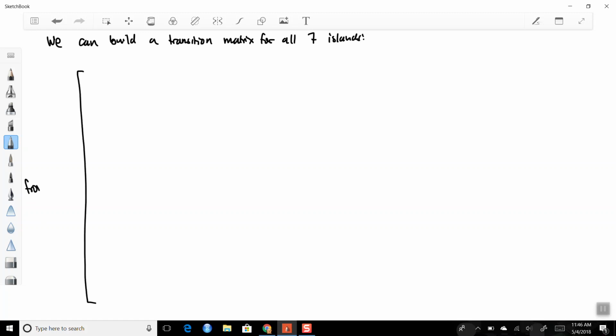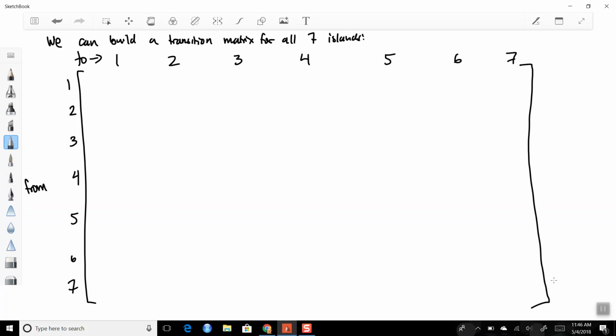We'll start from island 1, 2, 3, 4, 5, 6, 7, and we may propose going to island 1, 2, 3, 4, 5, 6, 7. And we said from island 4, we will go to island 1 with probability 0, island 2 with probability 0, we'll end up at island 3 with probability 0.375, 0.125, 0.5, 0, and 0.